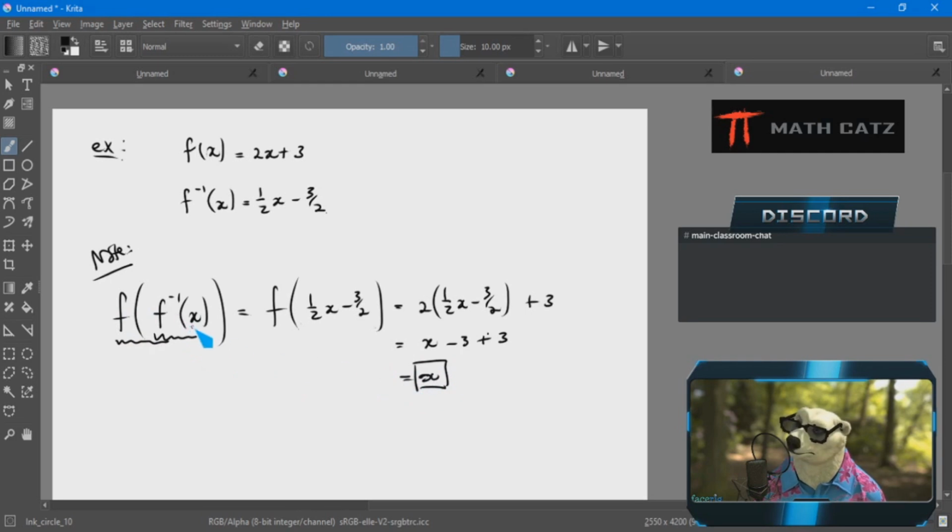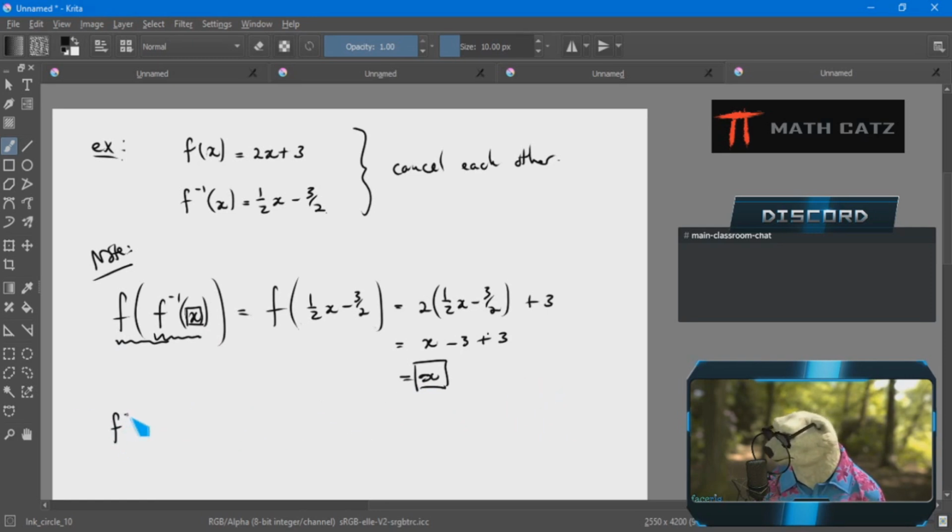I get the original input back, so nothing has happened. So these two, in the composition sense, they cancel each other. If I apply one of them, and then on top of that apply the other one, I cancel whatever the first one did. And literally nothing happens.